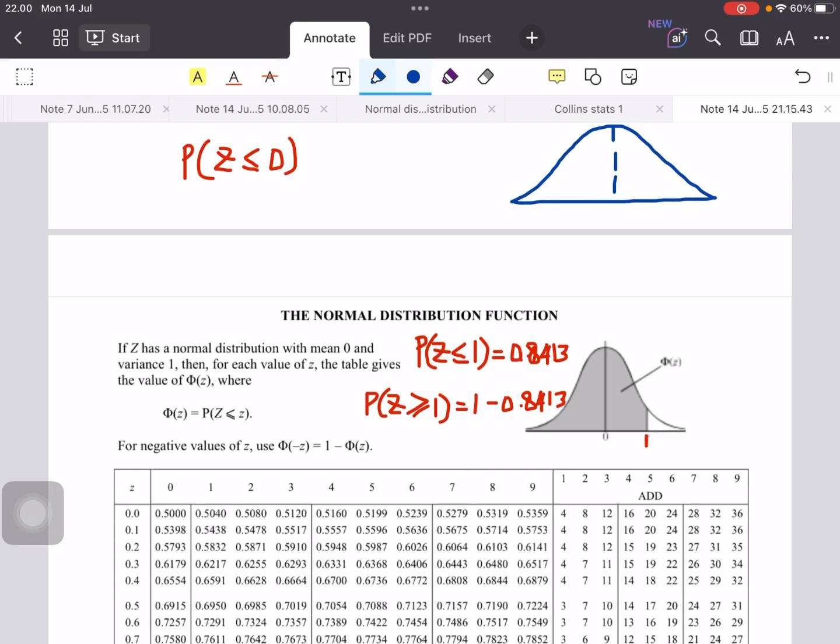So 0 is right in the middle. It means that half of the data is below 0. So this one is 50%. The answer to this question will be 0.5. This area is 0.5. And then we can check using this table that the probability of z less than or equal to 0 is also 0.5.